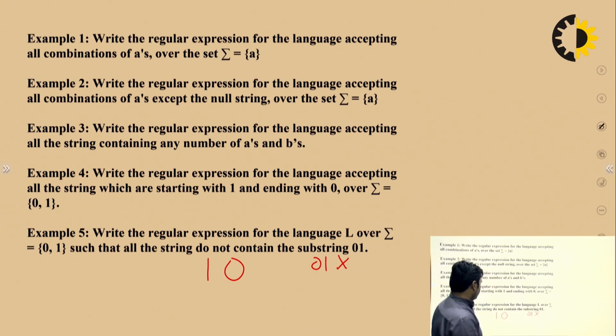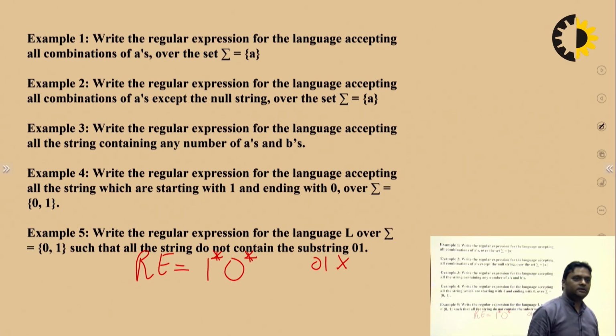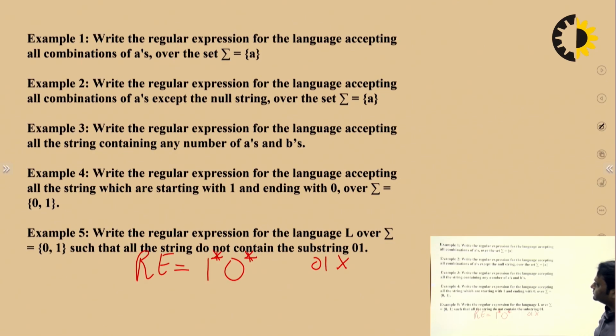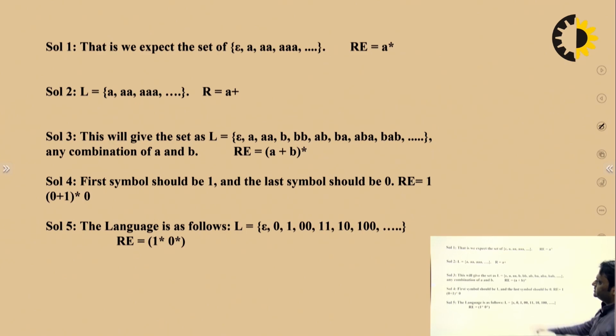So the regular expression for it will be 1 star 0 star, meaning any combination of 1 and 0. So this is the answer to the question. Already discussed: the first question accepts the strings of the regular expression a star, and the second one is r equal to a plus, the positive closure. This will accept all the combinations of a's and b's.